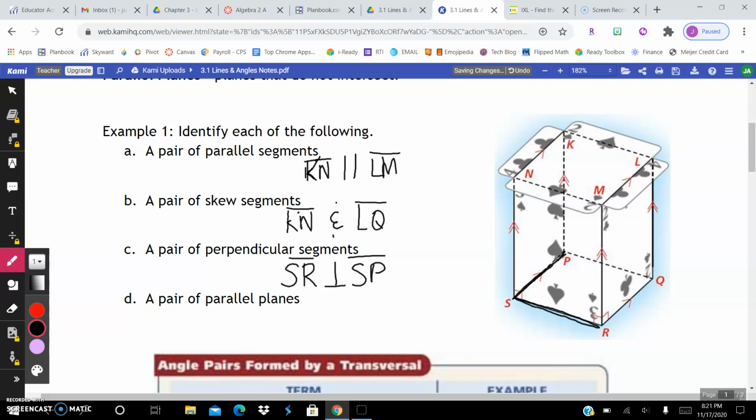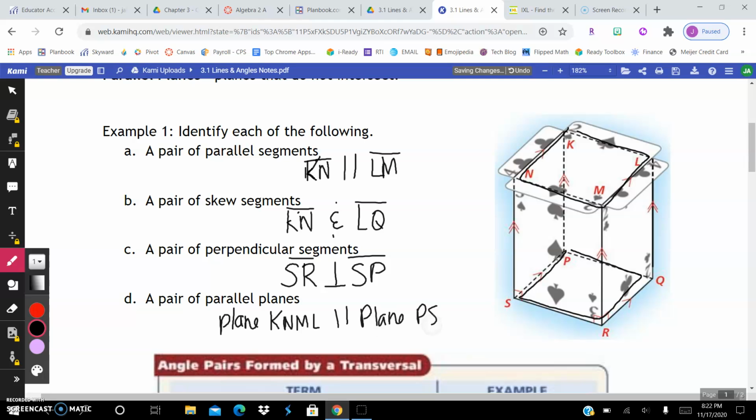A pair of parallel planes: the top and the bottom would be parallel. These ones don't have little names in it, so I'm going to say plane KNML is parallel to plane PSRQ. I'm just going to name all 4 points on those planes.